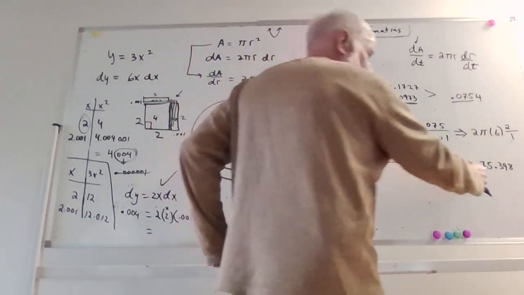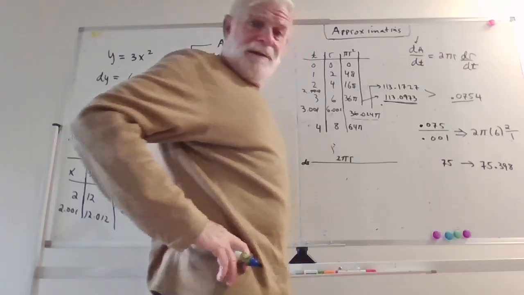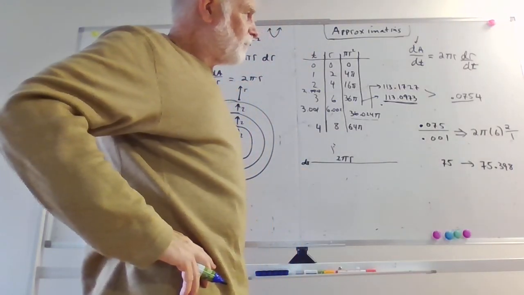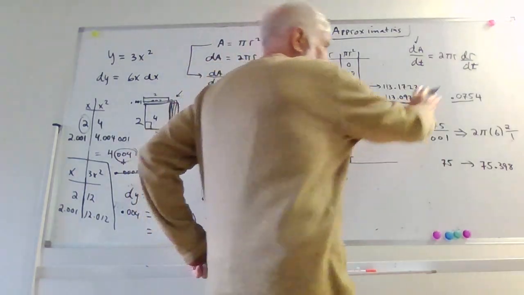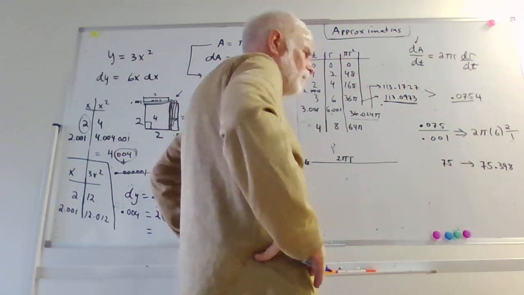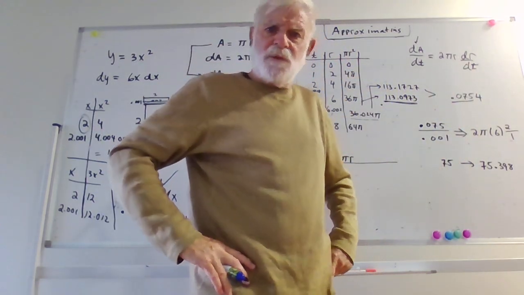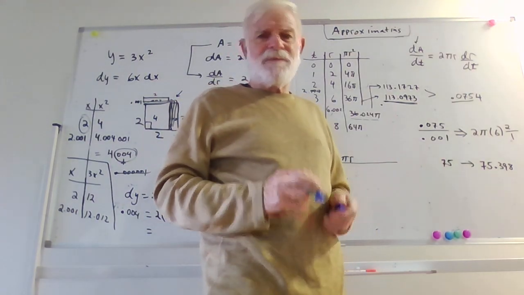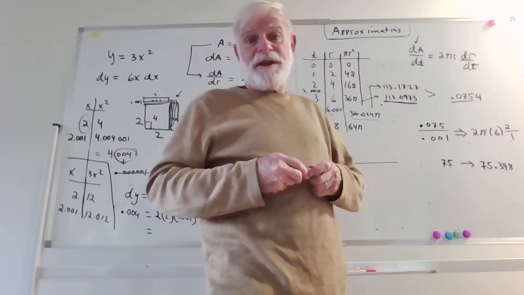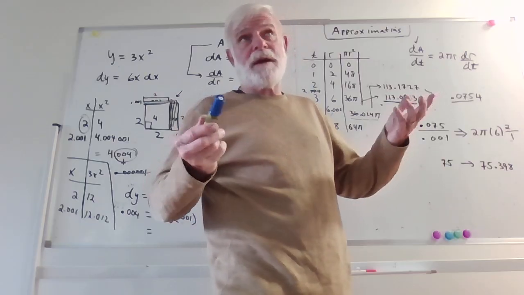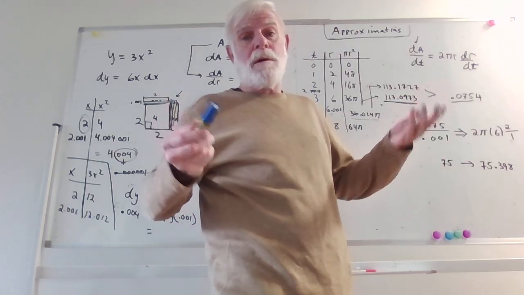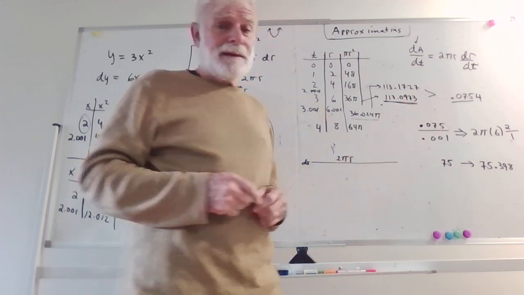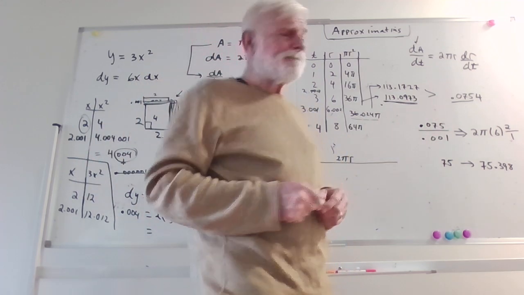And that came out to 75.398. Didn't surprise me that it was a little bit bigger. Actually, I was estimating everywhere here. So it seems to work. Seems like the numbers are working out. Now, I could have gotten more accuracy if I'd taken more time and picked a smaller change in time, sorry, 0.01. I think we're talking about limits here.